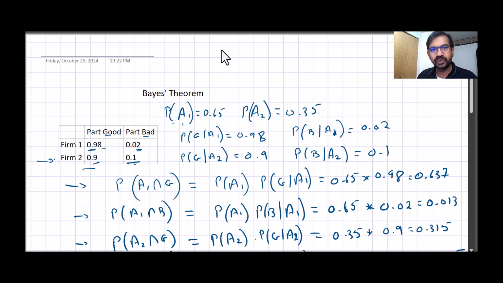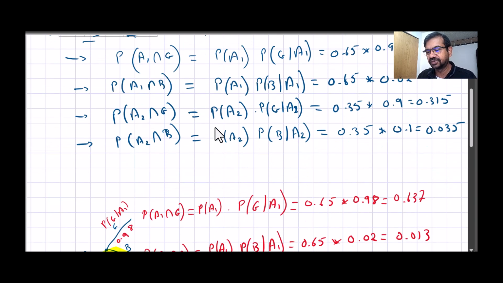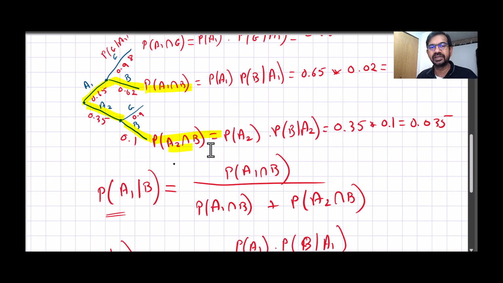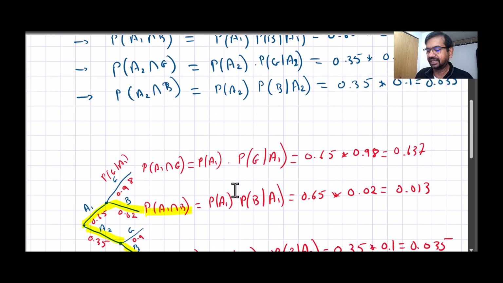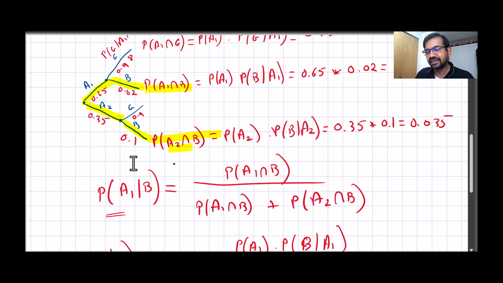We can very quickly run those numbers through this formula and then see the probability of getting a bad part. Given that the part is bad, what is the new likelihood that it came from firm 1 or firm 2? So it's a very easily adaptable method. But the idea is essentially figuring out what are the ways in which we could have gotten there in the denominator, and then the path to get to where we are in the numerator.